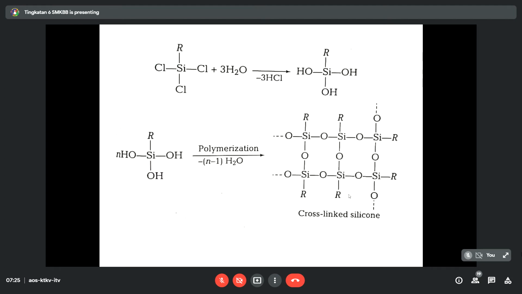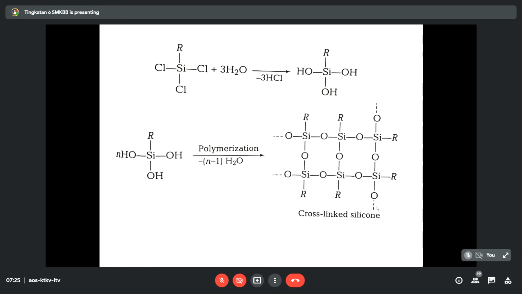So briefly, you start from, let's say, the trichloro, isn't it? Just now we started from dichlorodimethyl. That means you assume your R is a CH3. So if you start with 3, then of course first hydrolysis, then they all change to OH, and then this OH keeps on getting longer and longer, polymerization, isn't it?